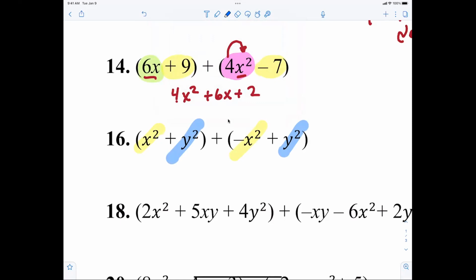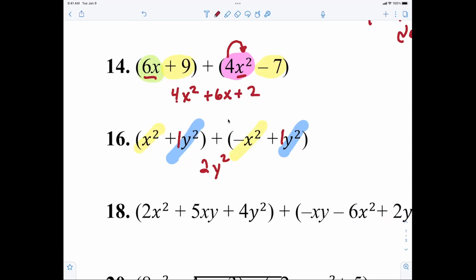Wrong. Again, the number in front. This is 1y squared plus 1y squared. What do I have in total? 2y squared. When you're adding, I never said add the exponents. When you multiply, you add exponents. When you add and subtract, the exponents stay the same.